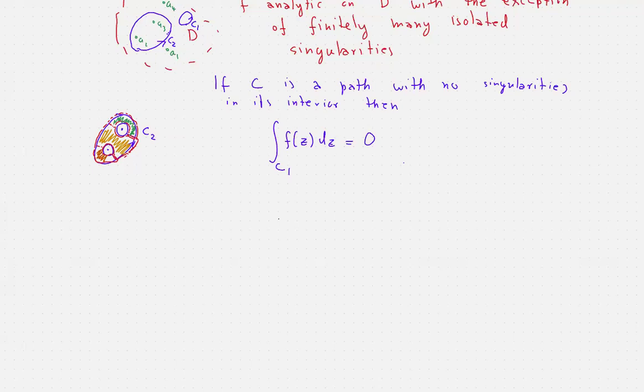It would turn out then that the integral around this path ends up being the integral on the first little disk. Let's call this R1.